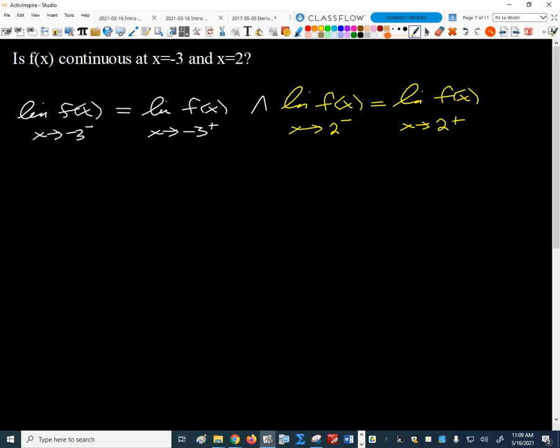Let's look at the limit. We've got this thing in factored form. Let's take those limits. So what is the limit of f of x as x approaches negative 3? Oops, we got to write it as piecewise. What am I doing? We got to write it as a piecewise function. Let me take a picture of this from the previous page.